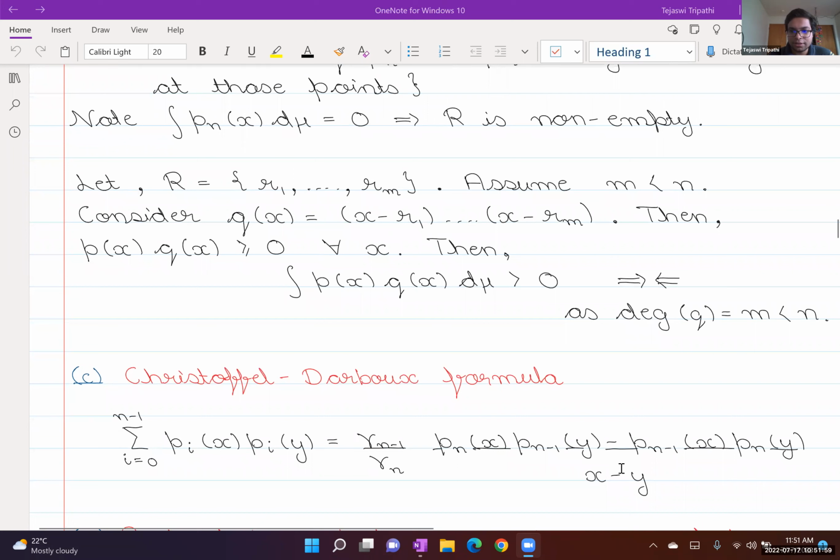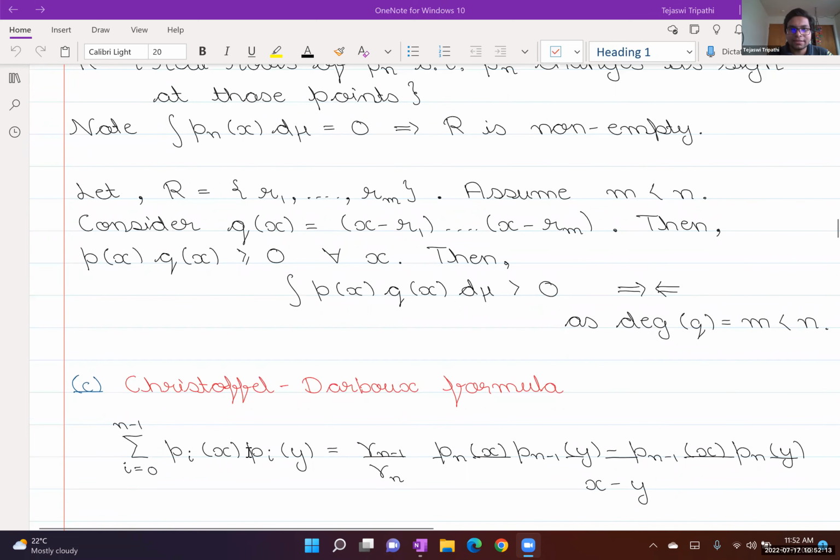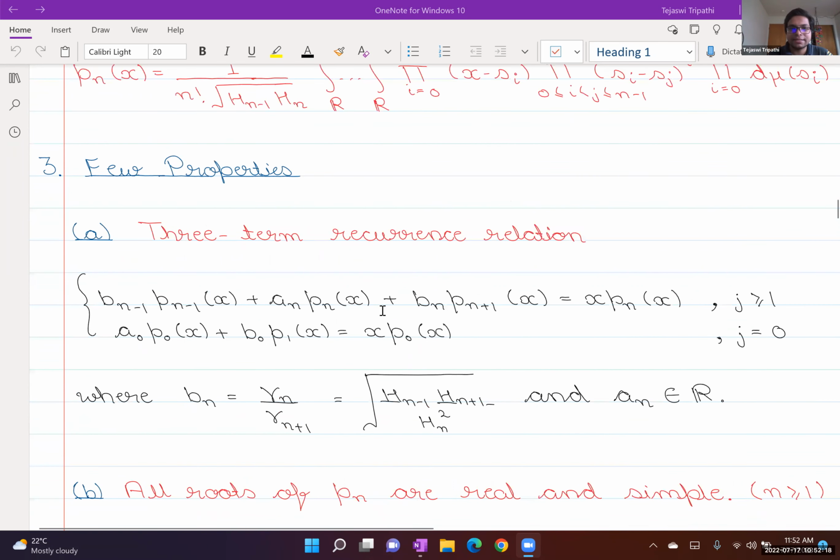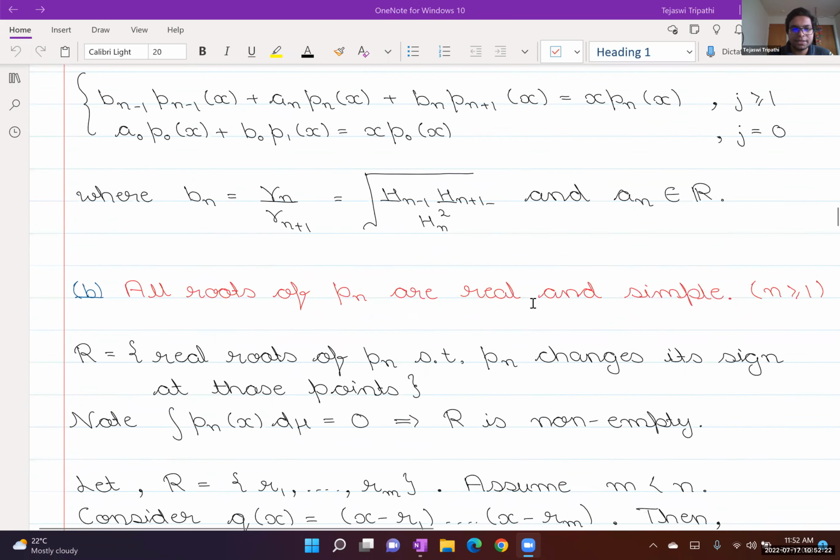And this is also not difficult to prove. What you do is cross multiply, so you cross multiply x minus y with this. This will become x Pi(x) Pi(y) minus Pi(x) y Pi(y). Now we know that x Pi(x), if you remember, you have a recurrence relation, right? x Pi(x) can be written like this. So you use this relation and it just follows from there.